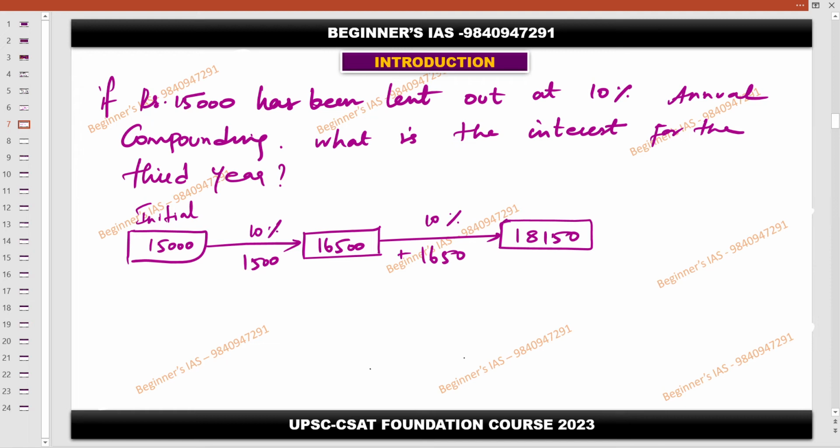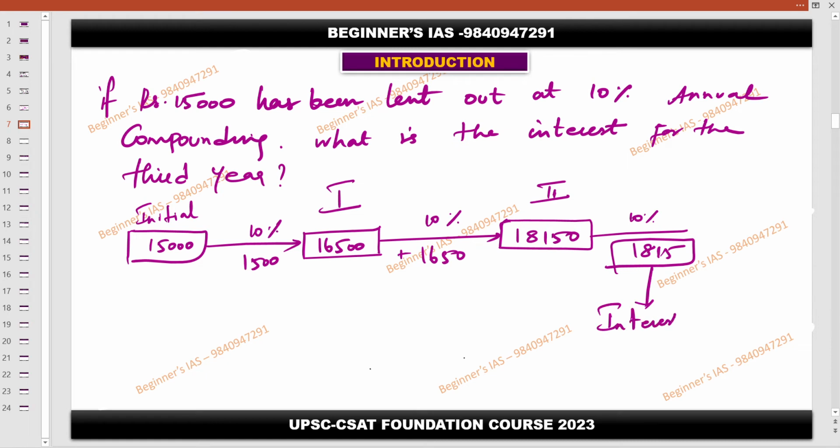This is the principal for the first year. This is the principal for the second year. The question is dealing with what is the interest for the third year. Interest is going to be the 10% of this amount. What is the 10% of this amount? 1815. So therefore that is going to be the answer. This is the interest for third year. Clear?